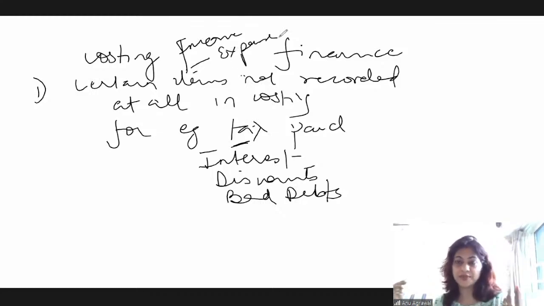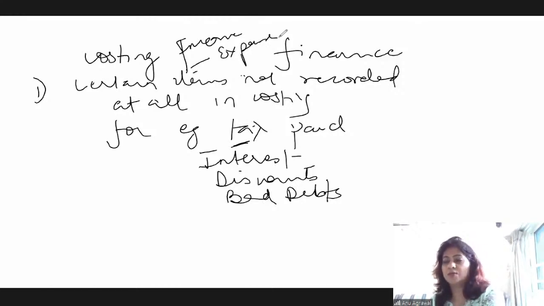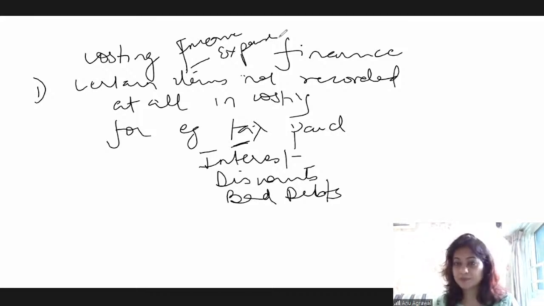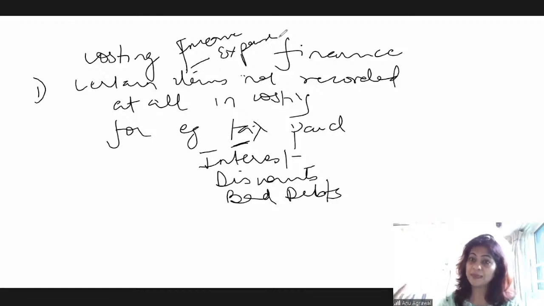For example, transfer fees received. Costing doesn't even record it. Costing records only one kind of income, and that is sales. The revenue flow in costing is because of selling of goods. But in finance, we may have dividend received, or any investment income.